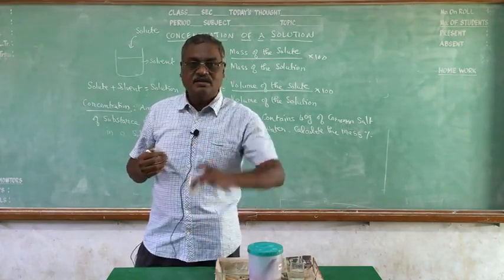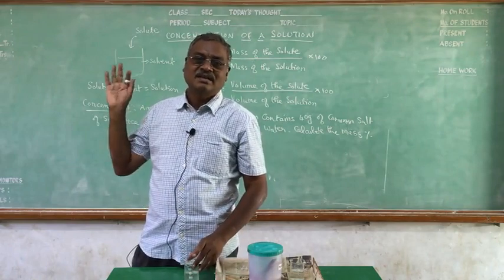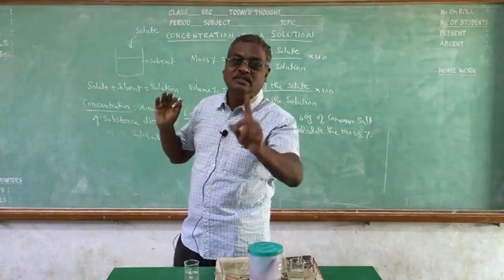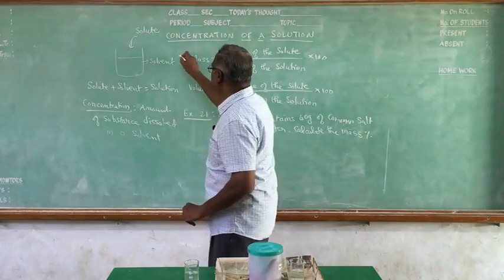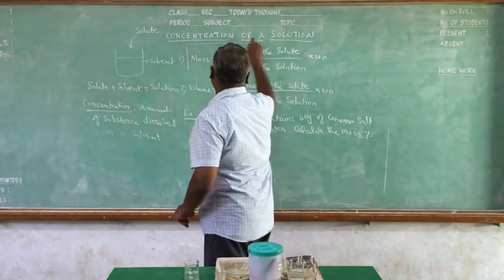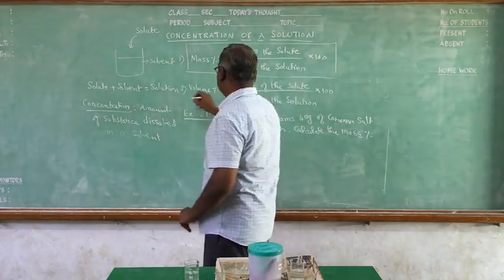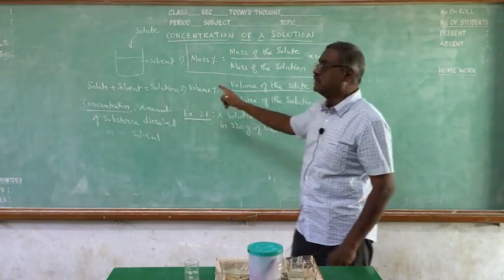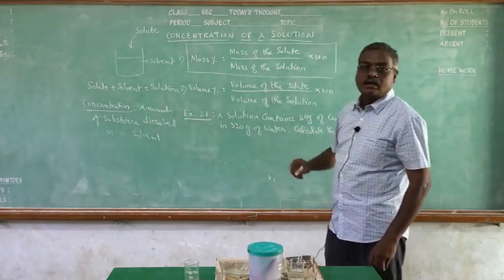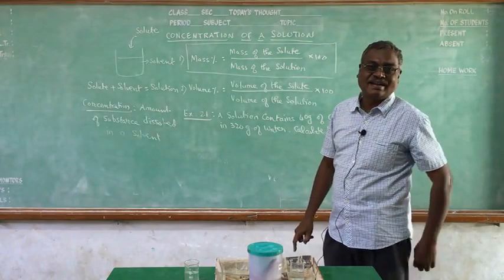Similarly, the concentration of the solution can be measured in two units. The first unit is mass percentage and the second one is volume percentage. What is mass percentage? Mass percentage is mass of the solute divided by mass of the solution into 100.